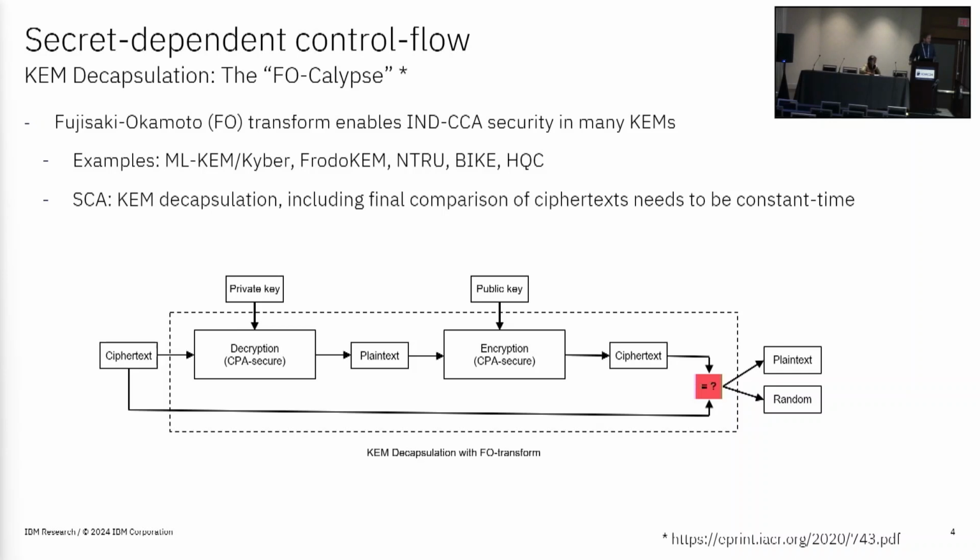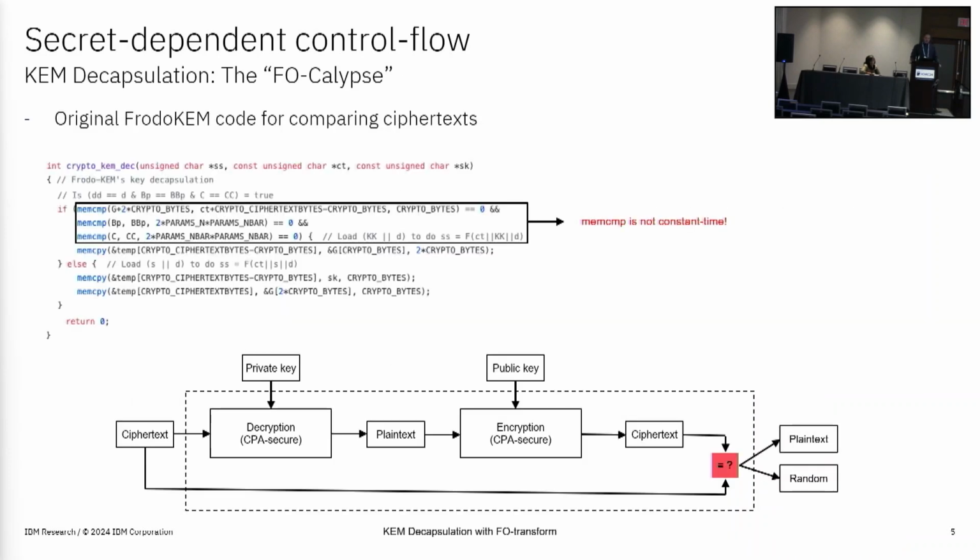And one thing that was also termed the FOcalypse is this equality, right? It needs to be protected. Now, if you look at some implementations, there was, for example, the reference implementation of one submission to the NIST PQC, FrodoKEM, but the same code was also used in some other implementations, where what you see there is the final check for equality, and it was implemented with memcmp, right?